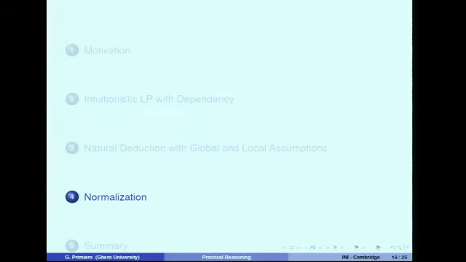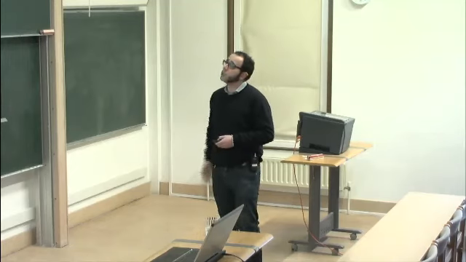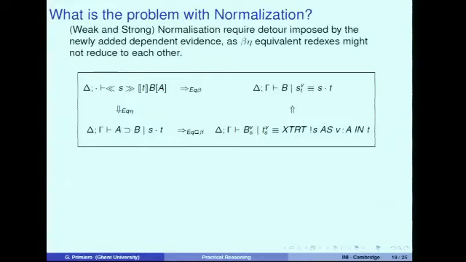Now, what is the real problem here is normalization, and this is basically what I will try to work on and solve in the next few weeks. So what is the problem here? The problem can be explained as follows. If you see this schema here, you will see that we start from the upper right corner from a formula which contains a dependent evidence, and we transform it by eta equivalence to the corresponding implication by discharging.